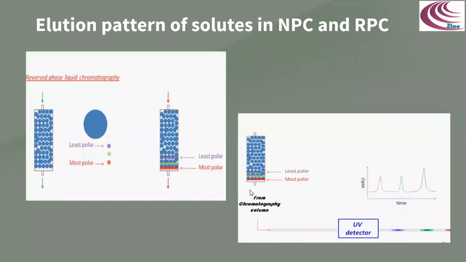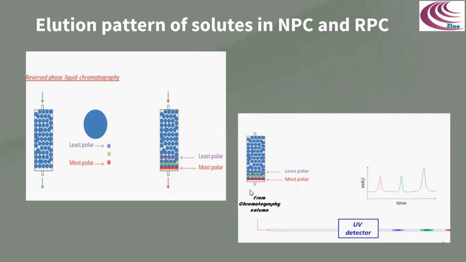Now look at this slide again, comparing normal phase and reverse phase chromatographic techniques. In reverse phase chromatography, since the stationary phase is less polar, polar solutes interact more with the mobile phase and move down the column faster along with it.